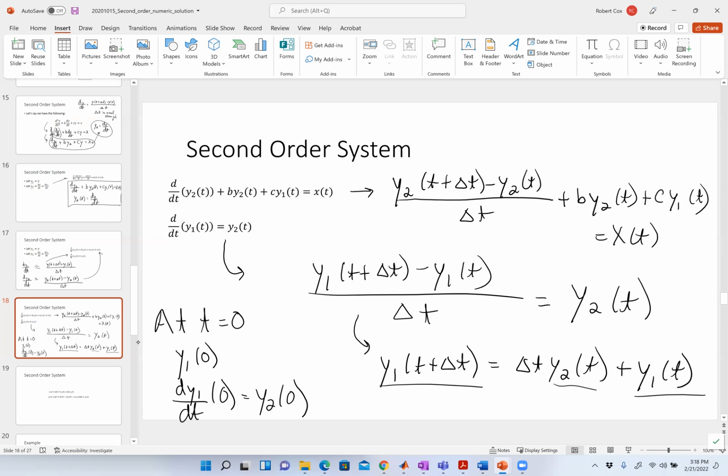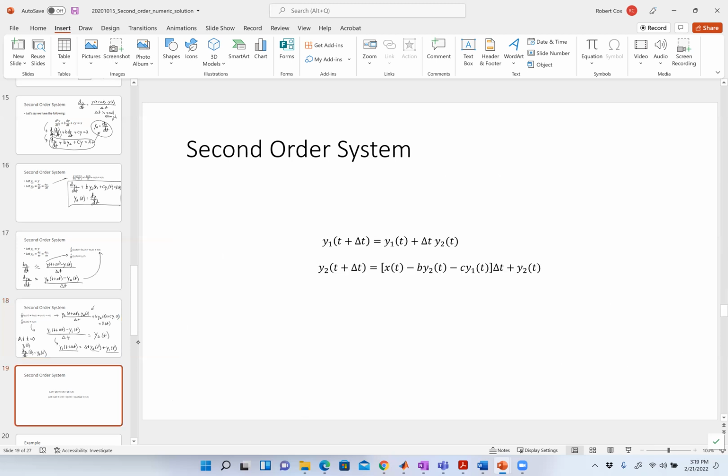And I could take this guy here, and if I rearrange it, I'd see that the value of y2 in the future depends on the value of y1 right now, y2 right now, and the input right now. All right, so if I rearrange it, I get these two expressions. I solve for y1 in the future and y2 in the future. And I can see how they relate to the values right now.